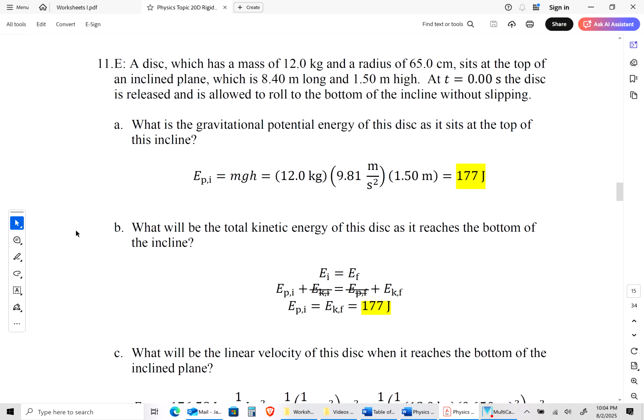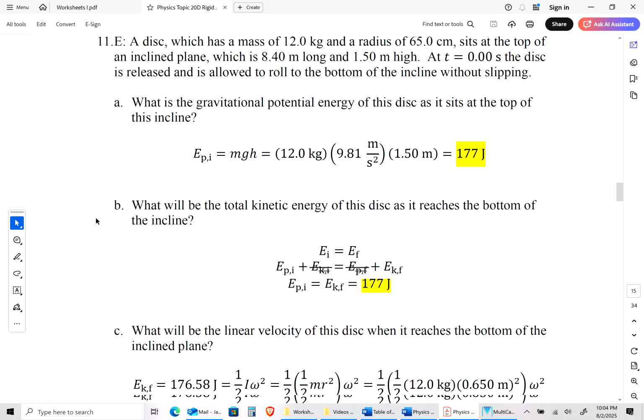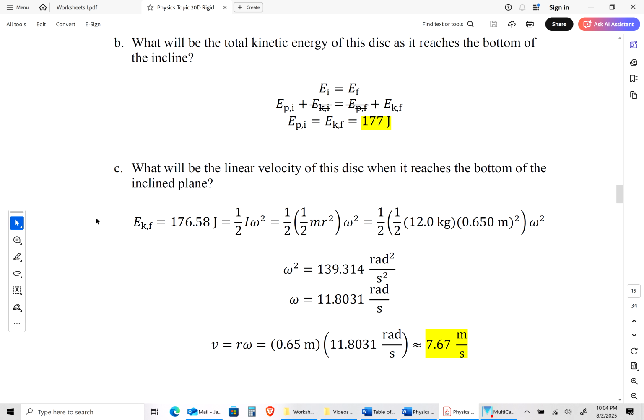So just use mgh. Part B, what will be the total kinetic energy of this disk as it reaches the bottom of the incline? E initial equals E final. So this is the same answer as in part A. Part C, what will be the linear velocity of this disk when it reaches the bottom of the inclined plane? So kinetic energy final is equal to 1/2 I omega squared.